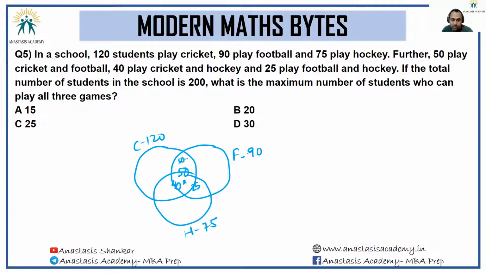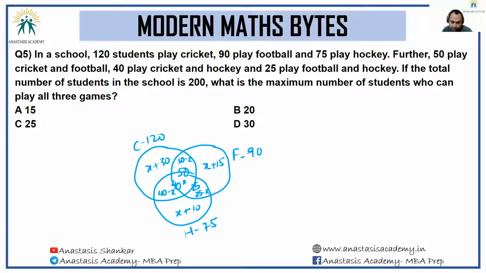This will be 50 minus x. This will be 40 minus x. This will be 25 minus x. So this will be x plus 10, x plus 30, and this will be x plus 15.